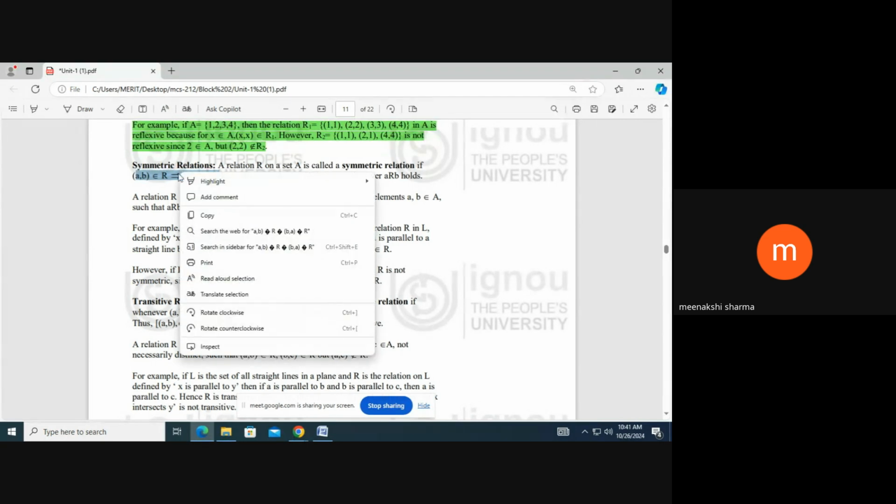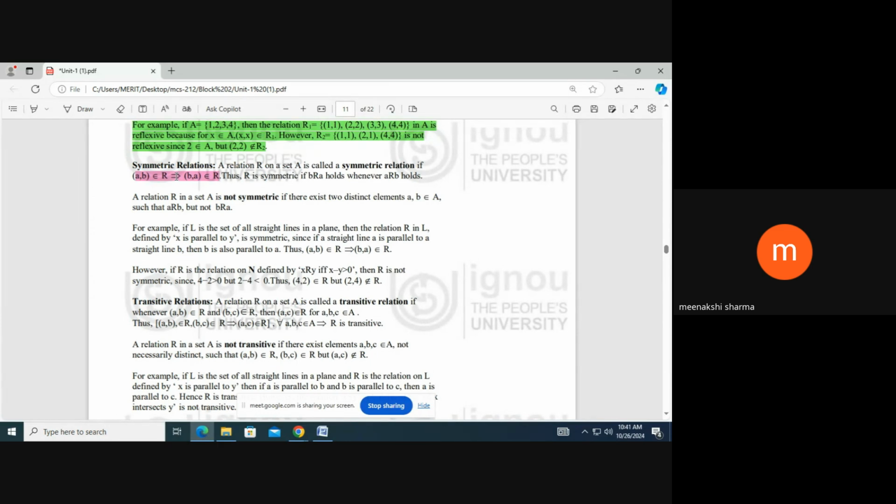Symmetric relations. A relation R on a set A is called a symmetric relation if (a, b) belongs to R, then (b, a) also belongs to R. It's called symmetric: (a, b) belongs to R, and (b, a) also belongs to R. Both sides give the same answer.